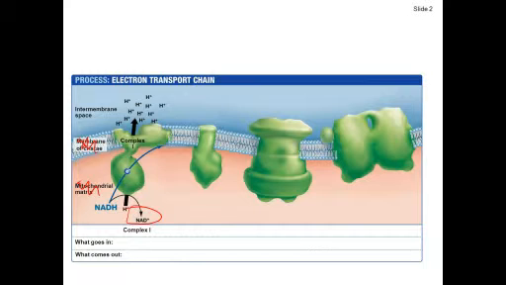This transfer of electrons provides the energy needed to pump protons against their concentration gradient out into the intermembrane space, outside the cell membrane of the bacterial cell.